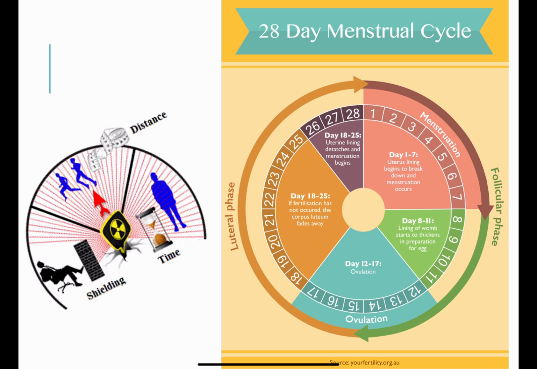For this, we must remember the 28 days menstrual cycle, the phases of menstruation, ovulation, luteal phase, follicular phase, when menstruation stops, when it begins. We have to know all of this information for a female patient.